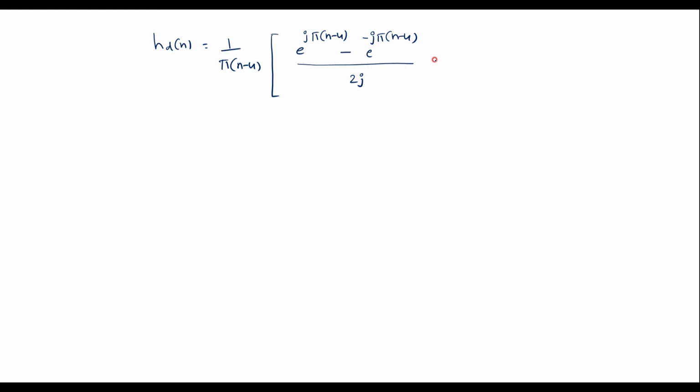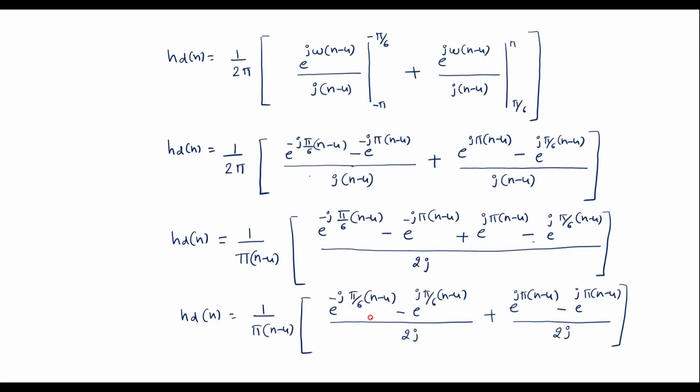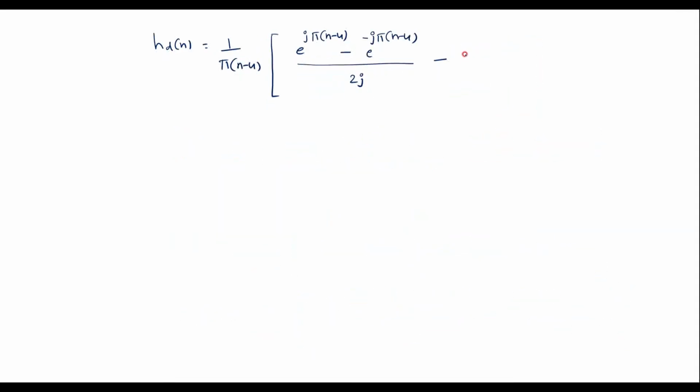2j, minus, now I will write this term first and this term next, that is e power j pi by 6 of (n minus 4) plus e power minus j pi by 6 of (n minus 4) divided by 2j.